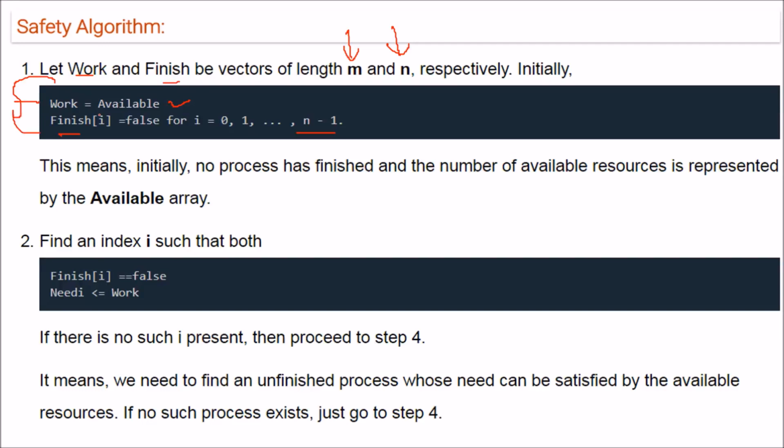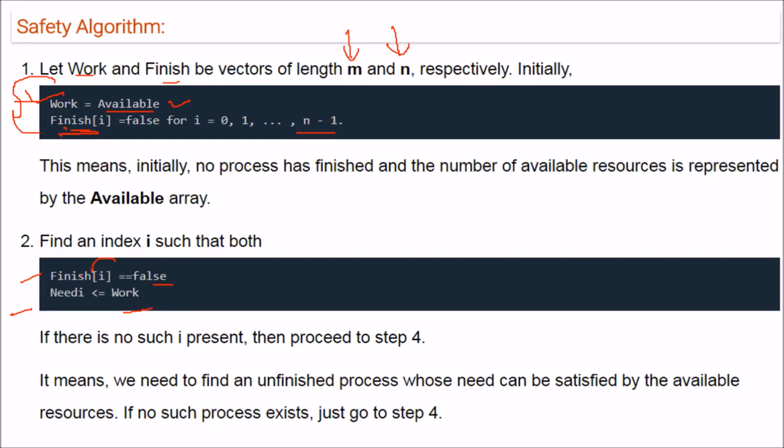What it means is, initially no process has finished, and the number of available resources is represented here. We have to find an index i such that both Finish[i] is equal to false and Need[i] is less than or equal to Work.